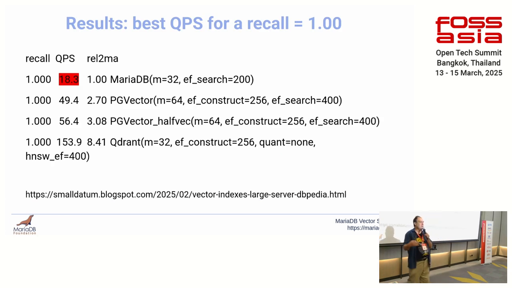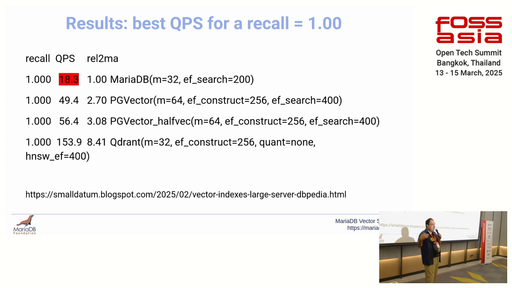If we look at a perfect recall, MariaDB gets down to 18.3 queries per second, and we'll look at some of the search parameters for that. We've got an M value of 32 and an EF search of 200.